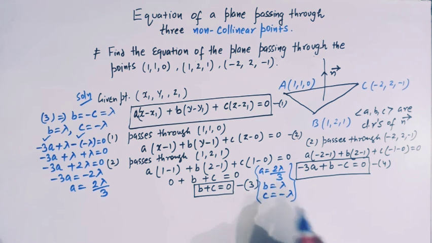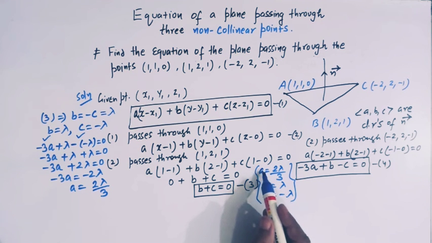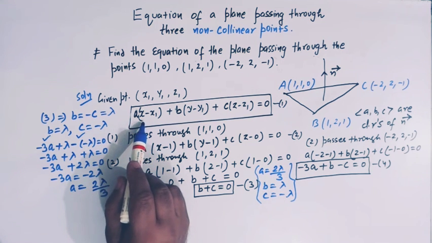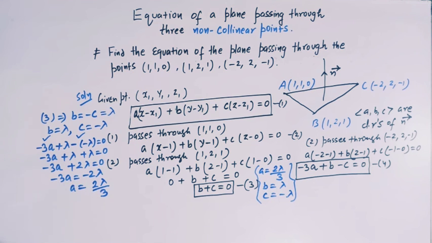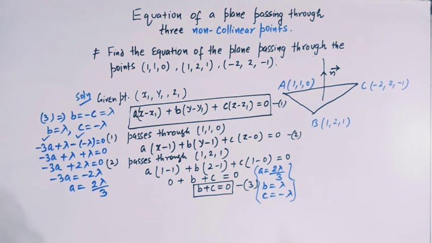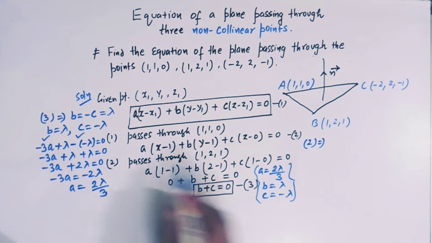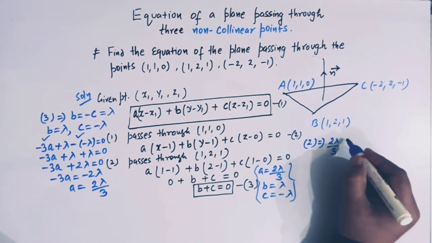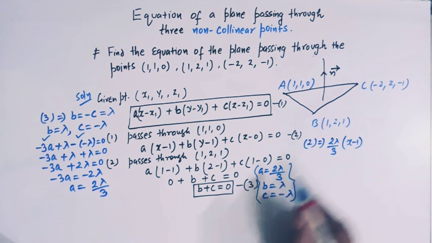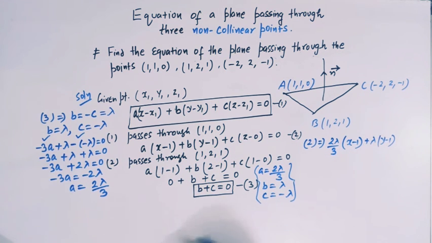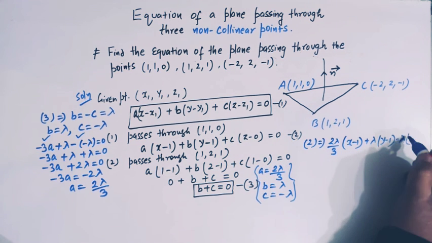Now what we will do is substitute the values of a, b, c, which are given in terms of lambda, in equation number 2. So equation number 2 becomes: for a we have 2 lambda over 3 with (x - 1), for b we have lambda with (y - 1), and for c we have -lambda with (z - 0), equal to 0.